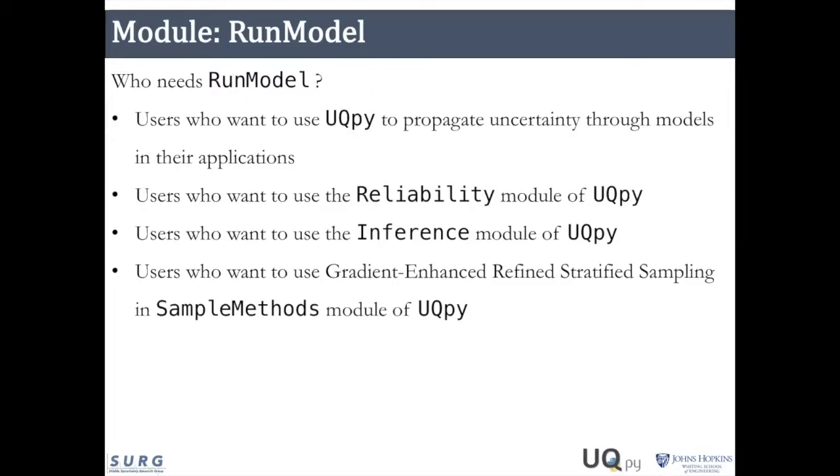For example, gradient enhanced refined stratified sampling is a sampling method in the sample methods module, so anybody who needs to use this capability also needs to be familiar with RunModel. There are also several other applications in future which will need users to know how to execute a model. So people who are interested in any of these applications need to be familiar with how UQpy runs models.